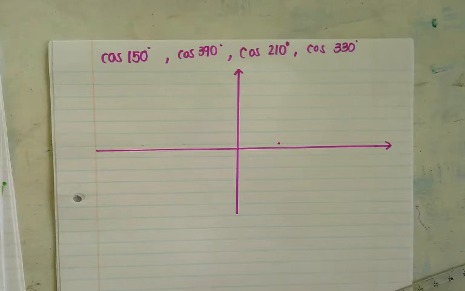So I would suggest find the one where you start in quadrant 1 and do that one first. Yes, Courtney? 390. So find the one that puts you in quadrant 1 and start with that one.